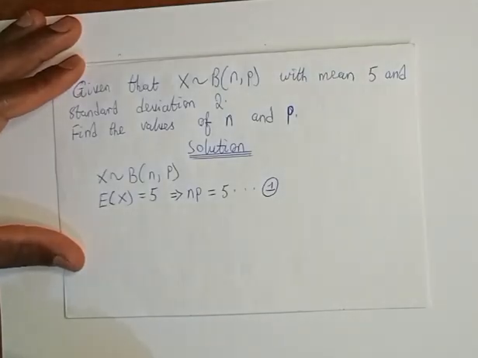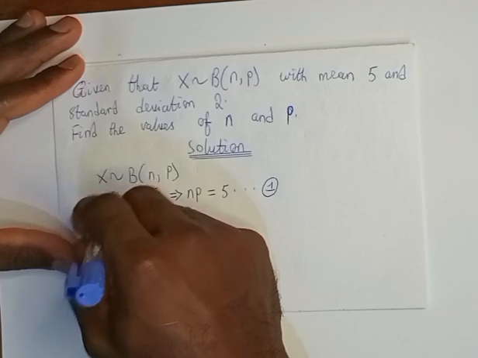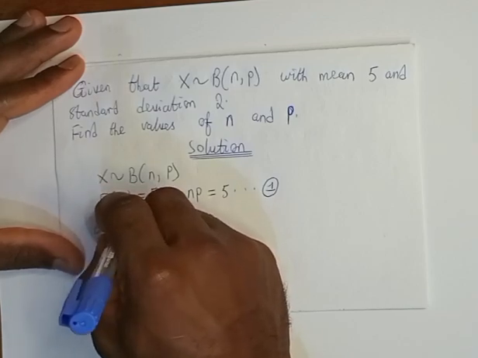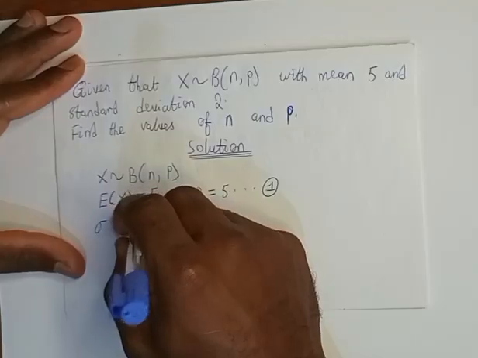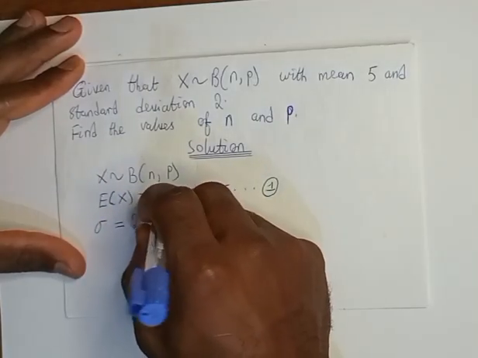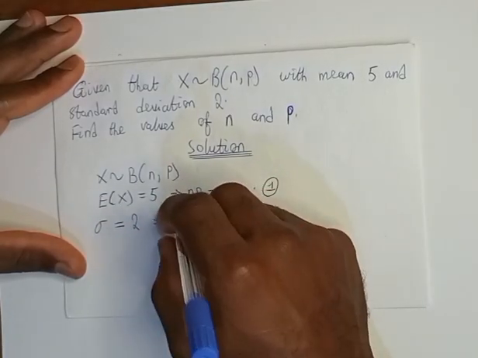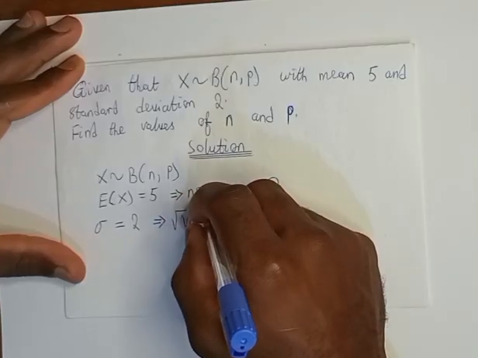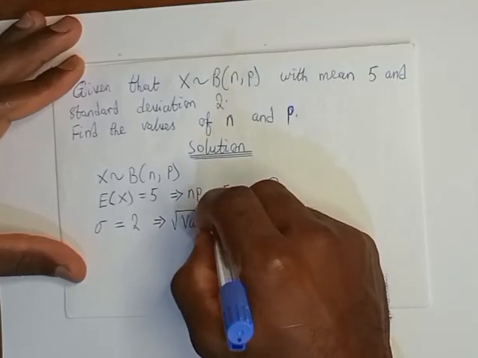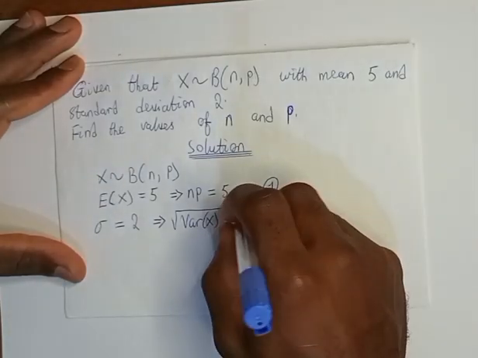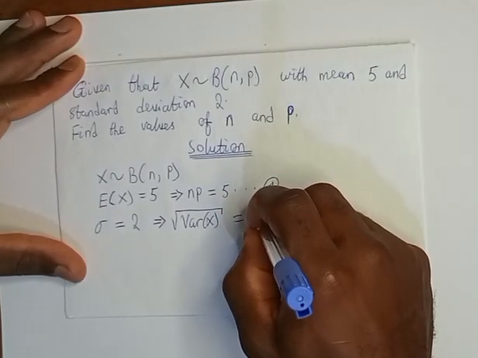Next, we have been told that the standard deviation is equal to 2. The standard deviation sigma is the square root of the variance of X, and this is simply equal to 2.